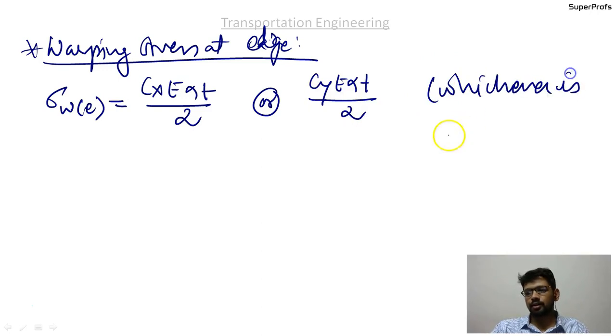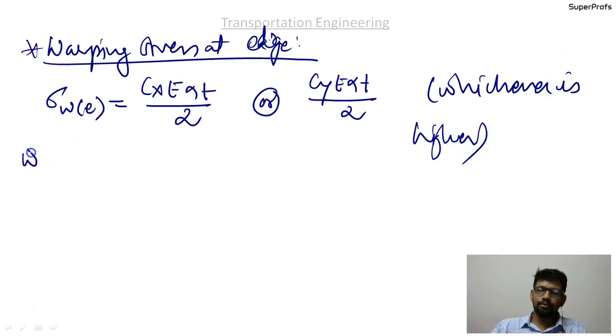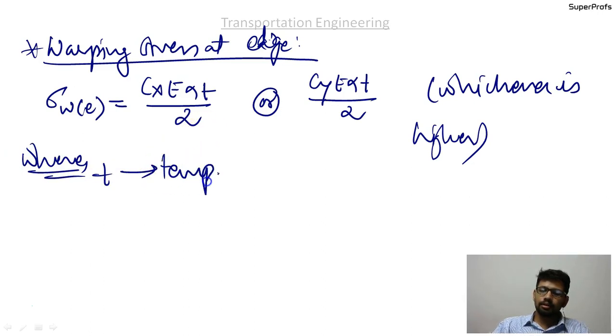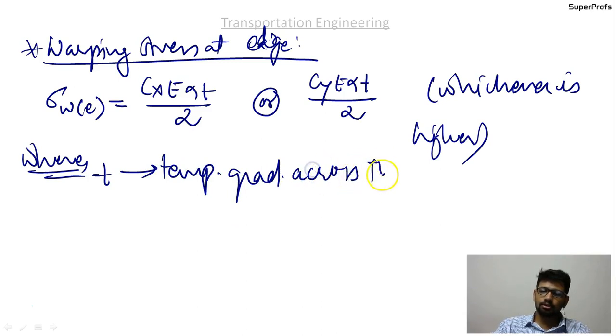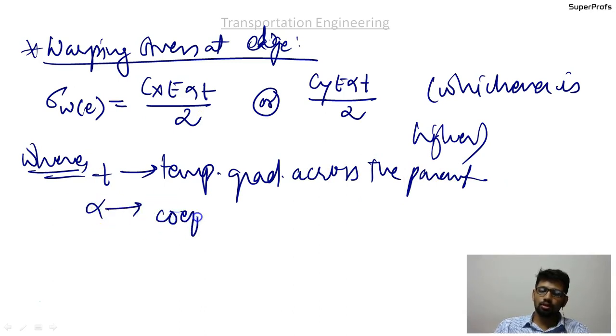It is very important, whichever is higher, where T is the temperature gradient across the pavement, and alpha is the coefficient of thermal expansion.